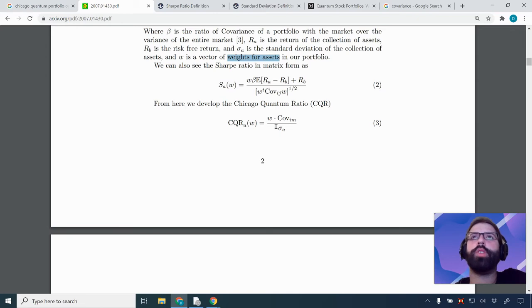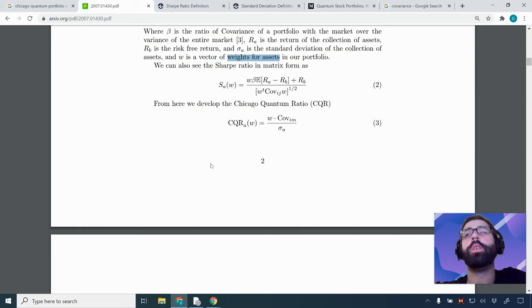Because this ratio seems to say you're basically looking for positive covariance, or the higher, I mean, that's directly proportional to the covariance, right? It's just corrected by the standard deviation.